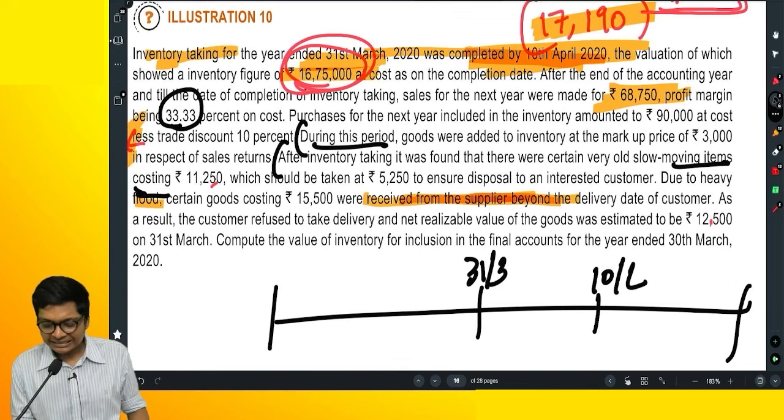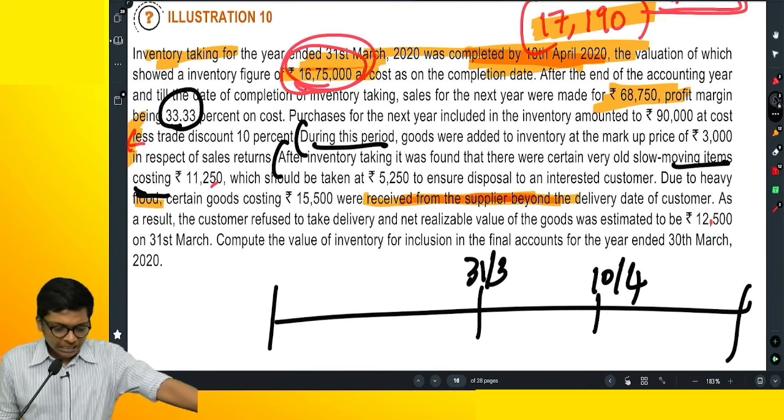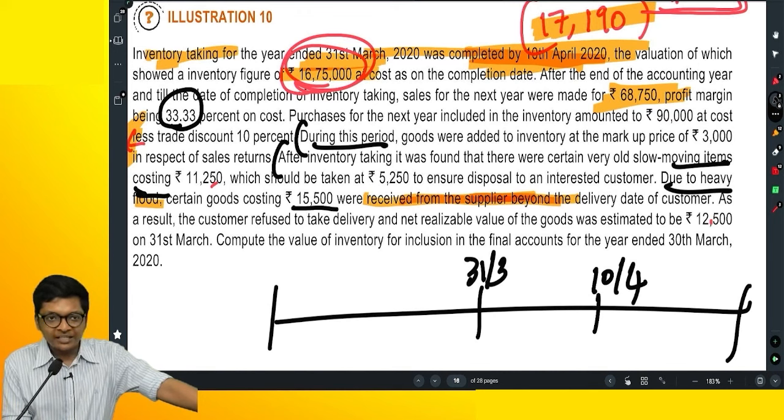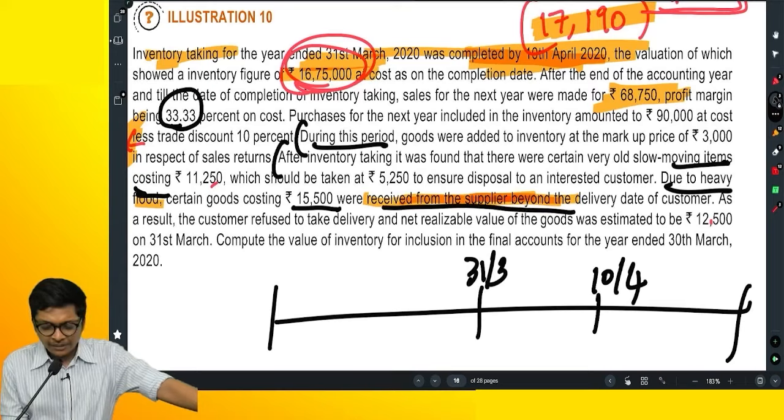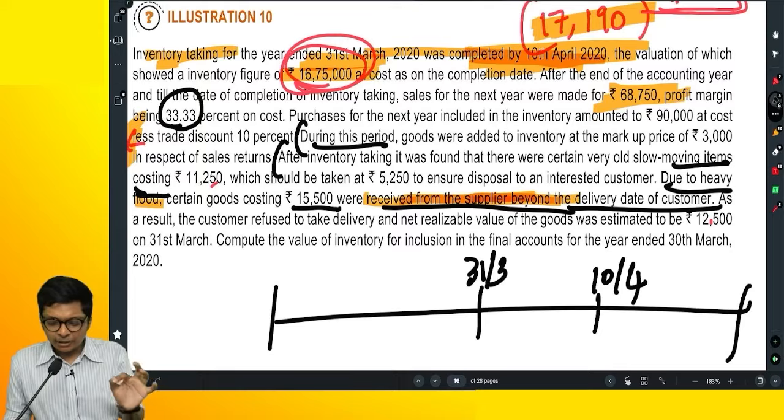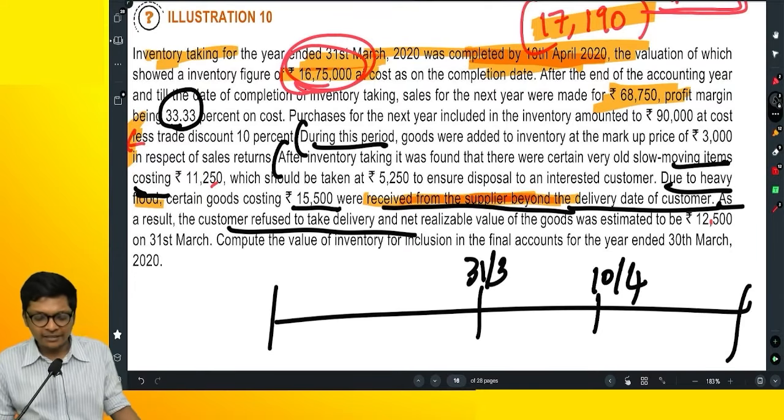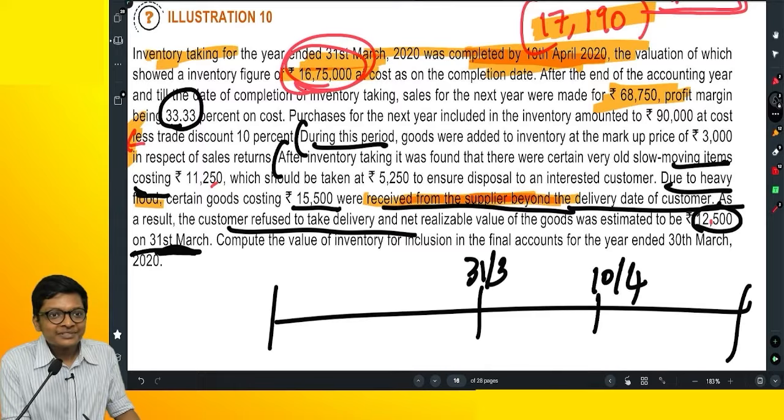This is 10th April. Look at this. Due to heavy flood, certain goods costing 15,500 were received from supplier beyond the delivery date of customer. As a result, customer refused to take delivery and NRV is estimated at 12,500. This is happening on 31st March itself.